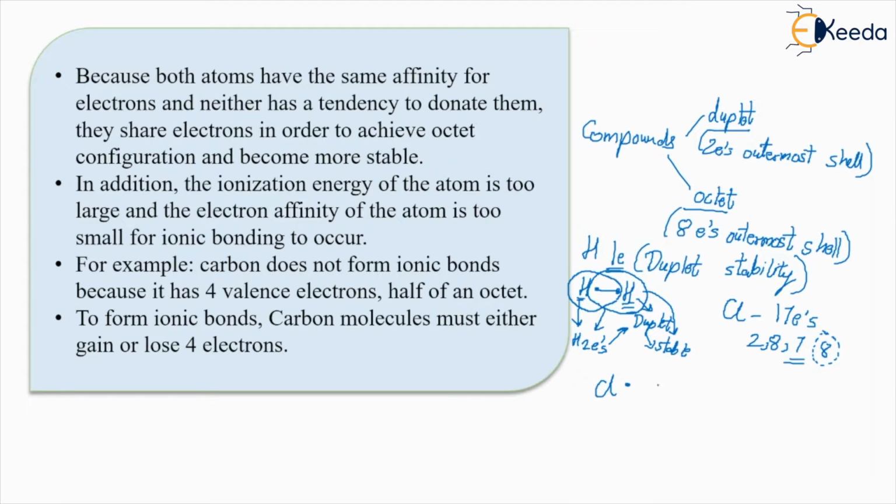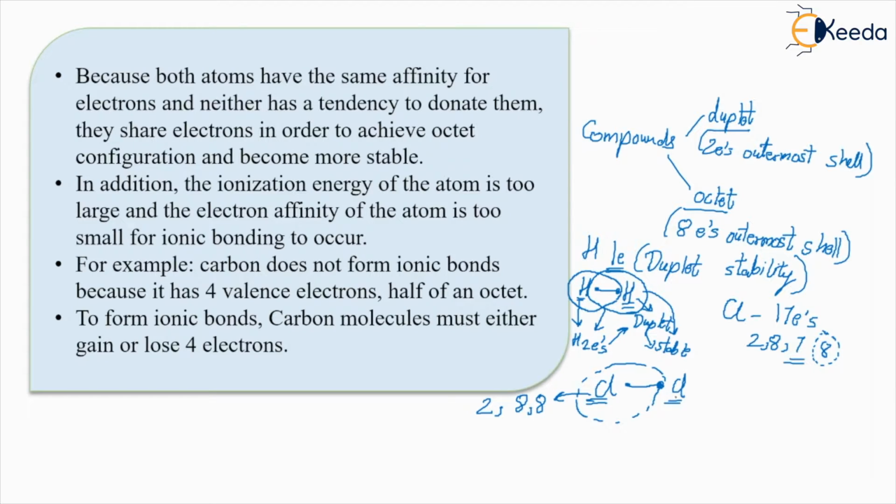One chlorine, another chlorine, and they will share. That means while counting the outermost shell for this particular chlorine, we will consider this electron as well, something like this. So for this chlorine, it becomes 2, 8, 8.